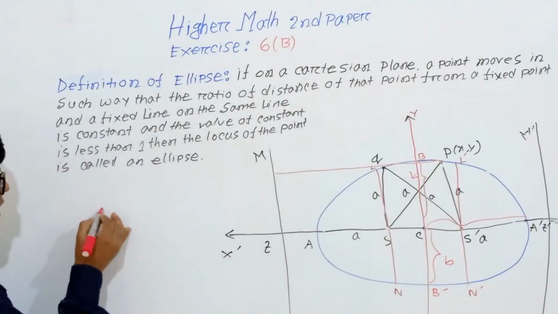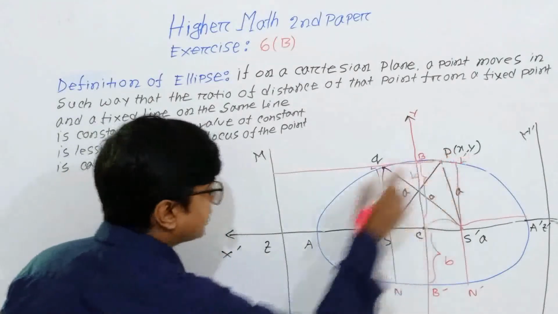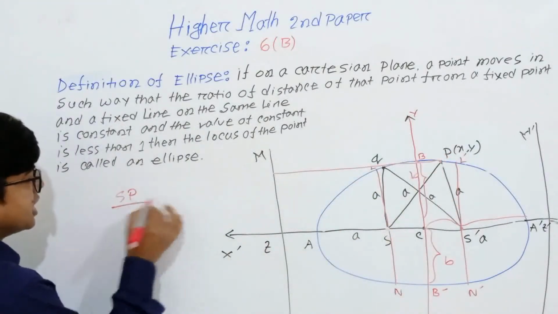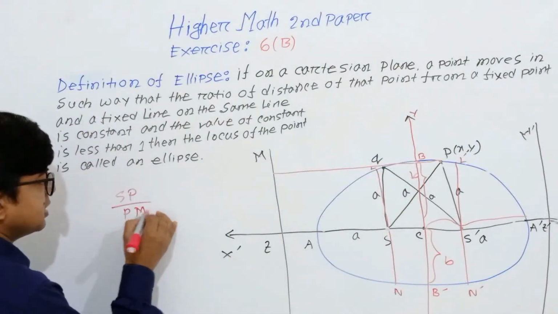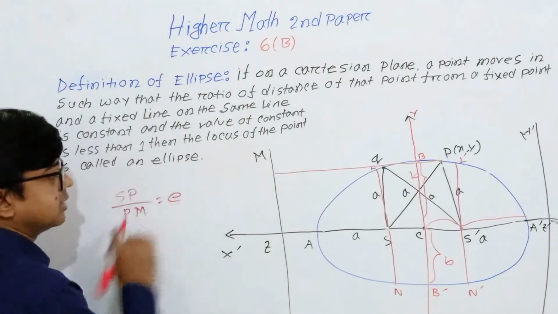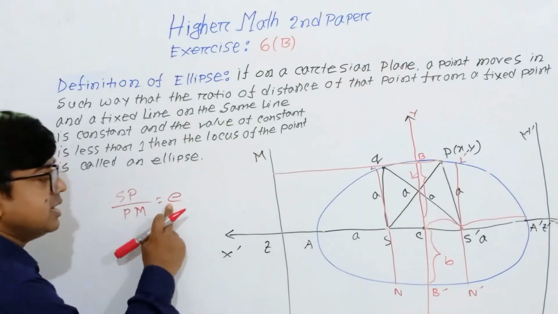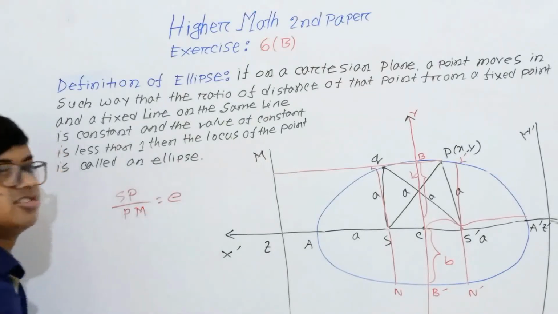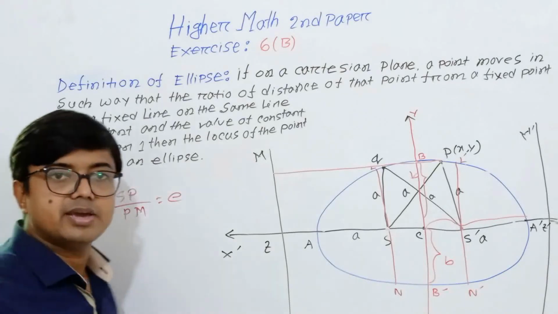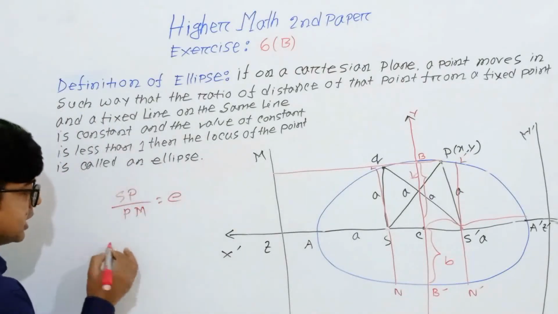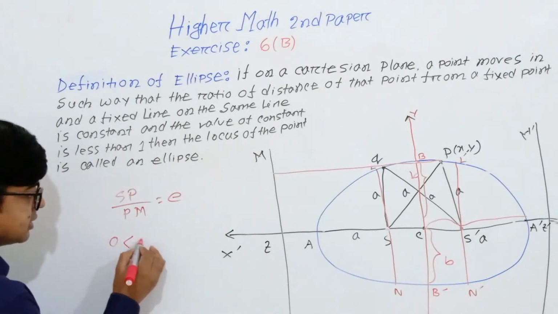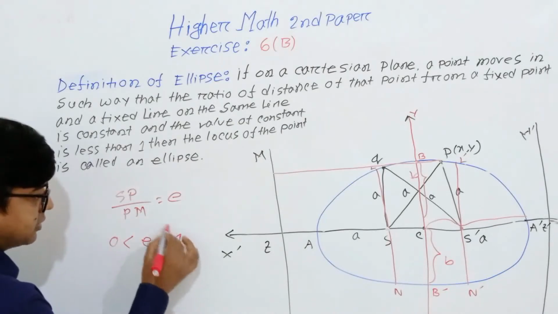So we can write here SP by PM equals to a constant E, and E means eccentricity, so the range of E will be 0 less than E less than 1.